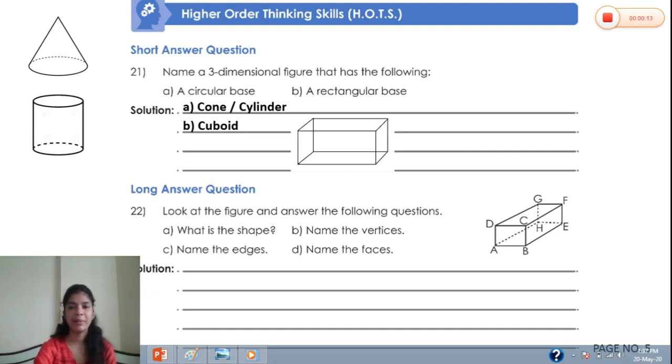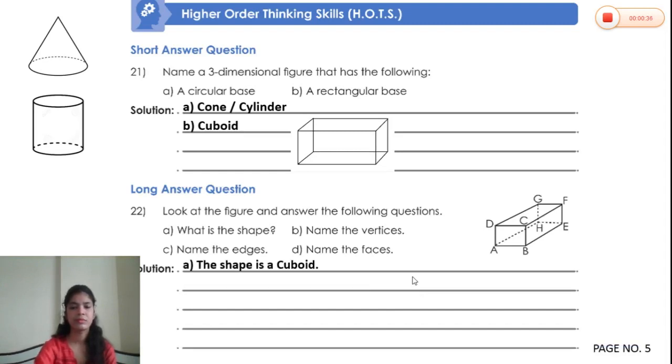Here a shape is given. You have to answer the following questions. So see the first one. What is the shape? Now look at this shape. What do you think this shape is? It is a, very good, it is a cuboid. Now name the vertices.